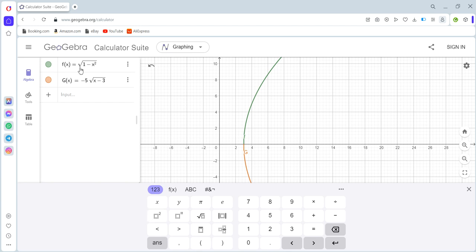This is a half circle. And another half circle is gonna be square root, but with a minus here, of 1 minus x squared.